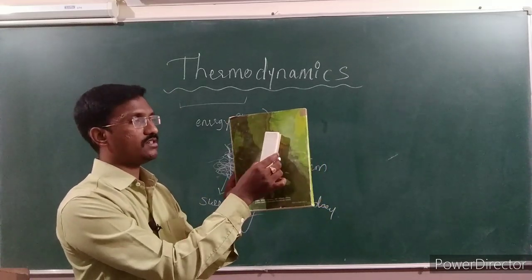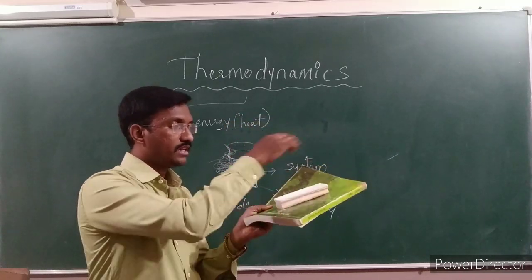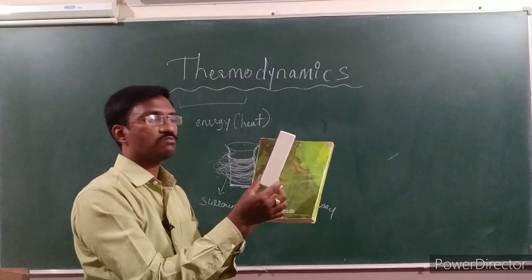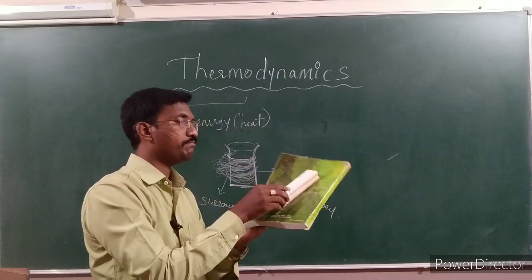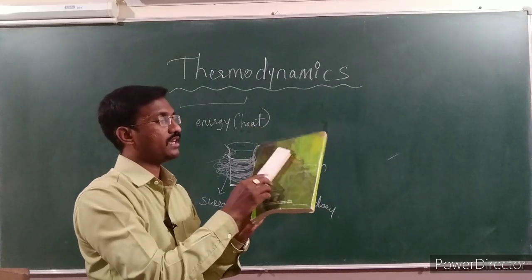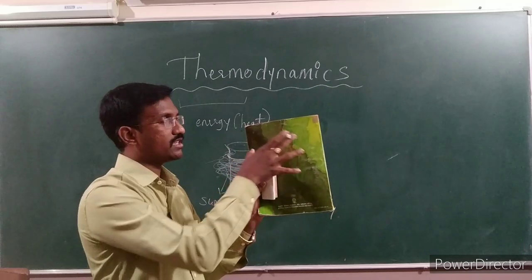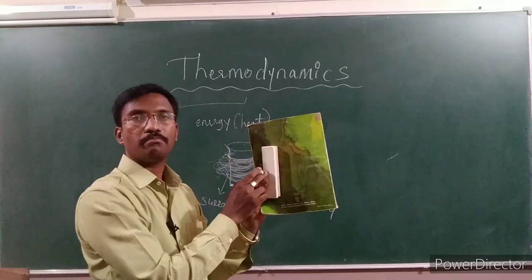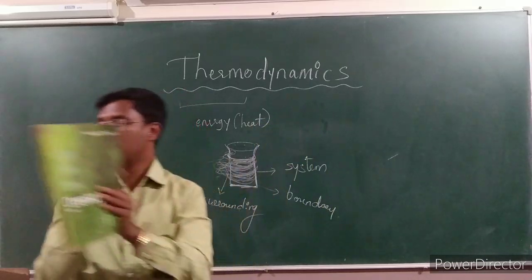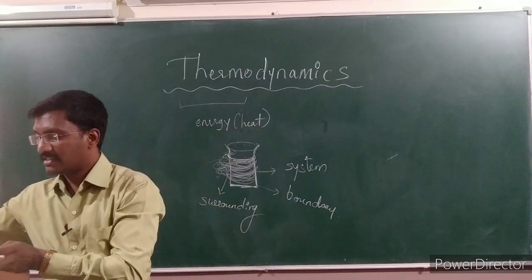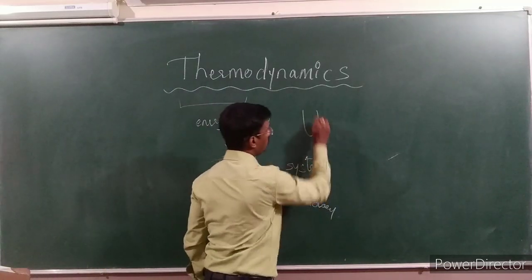Here the duster is a system, a very small part of the universe, and apart from this part in the universe, the remaining is called the surrounding. Here the book is the surrounding, the duster is the system, and together this is called the universe.